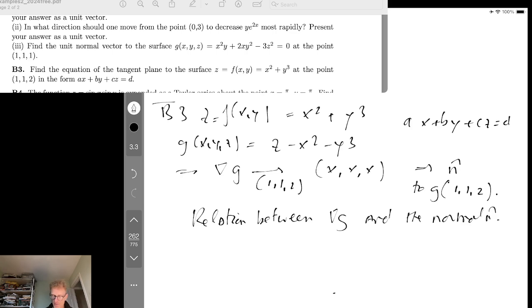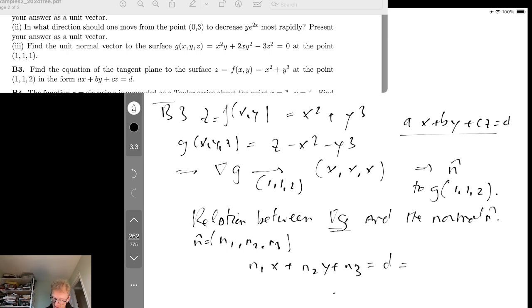The normal vector, by the way, does not need to be a unit vector, you can do that, but you don't need to do that in order to get the plane. So if you have your normal with components n1, n2, n3, right? So you need to find out what the relationship is with grad g. Then the plane has the following form, given that normal. And then what do you put on the right hand side?